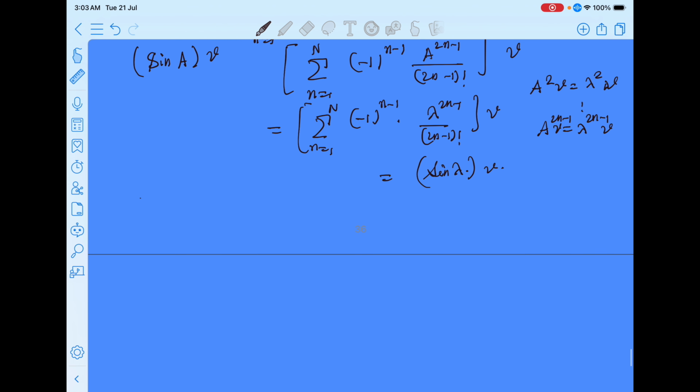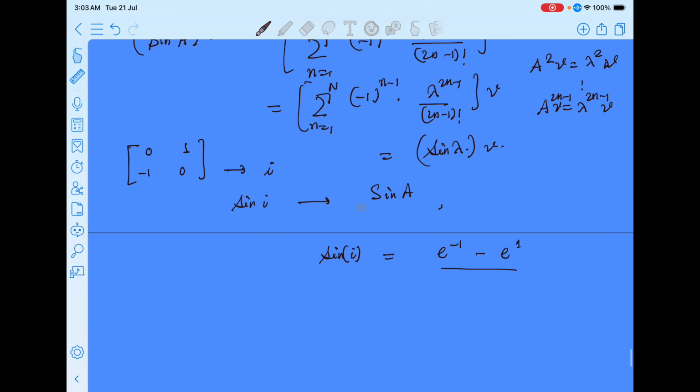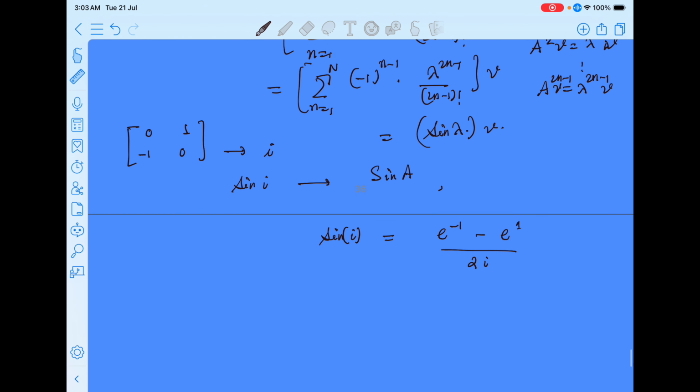Okay, so let's consider this matrix, 1 minus 1 0 0. So this matrix has i as an eigenvalue, then sin i is an eigenvalue of sin A. Okay, now what is sin i? By the exponential definition, sin z equals e to the power iz minus e to the power minus iz divided by 2i, right?